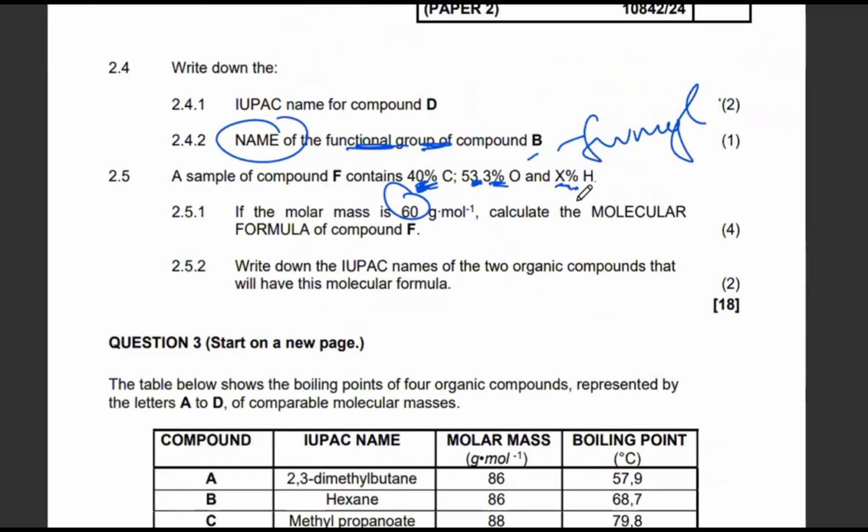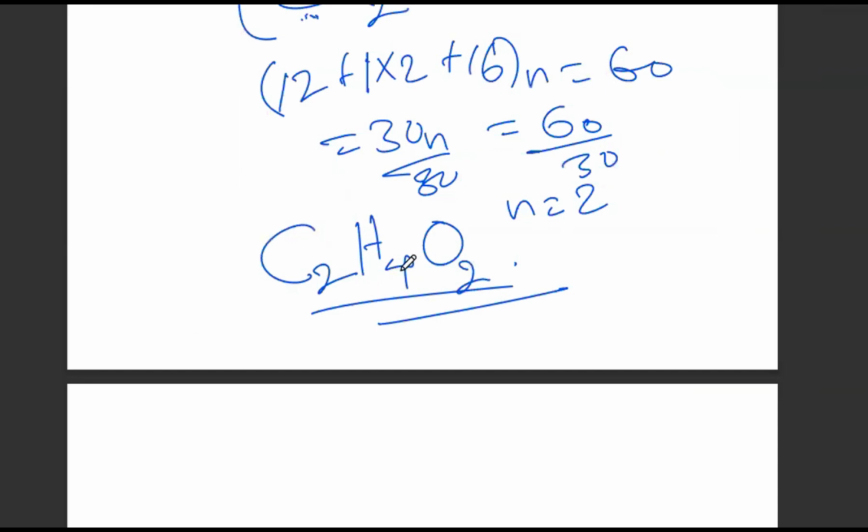They're saying write down the IUPAC names of the 2 organic compounds that will have the same molecular formula. Since I've got the molecular formula, if you look at it, this is a carboxylic acid and an ester. What are they looking at?